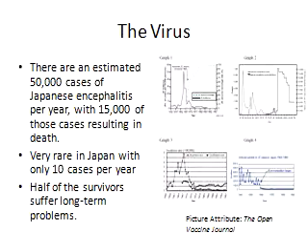There are an estimated 50,000 cases of Japanese encephalitis per year, with 15,000 of those cases resulting in death, but these numbers are said to be underreported. The disease is very rare in Japan, with only 10 cases per year.